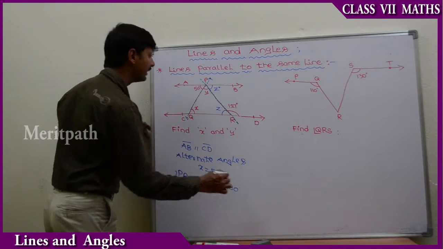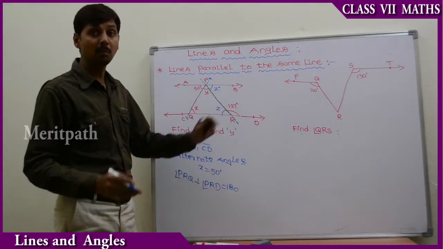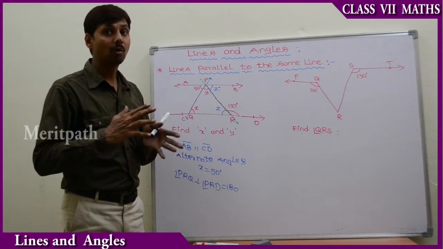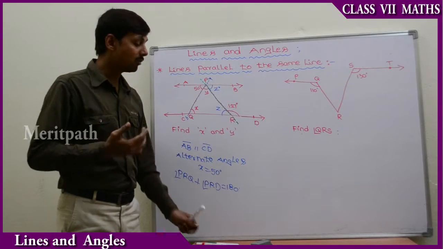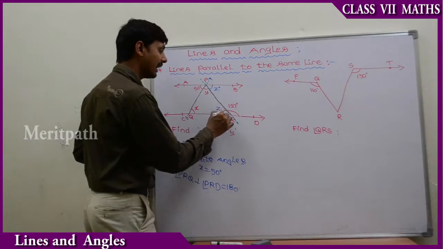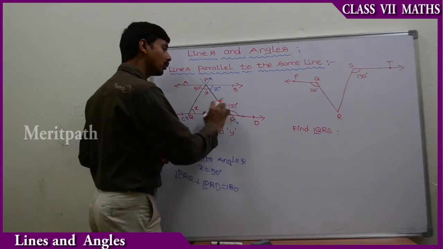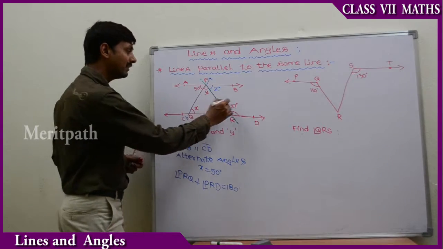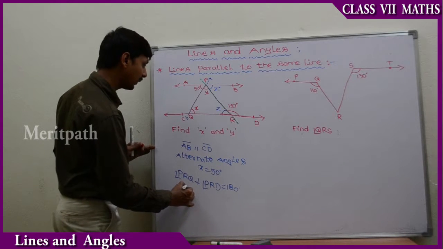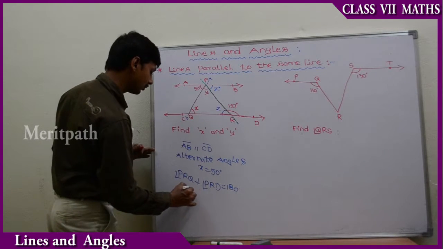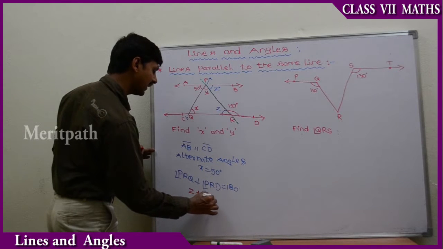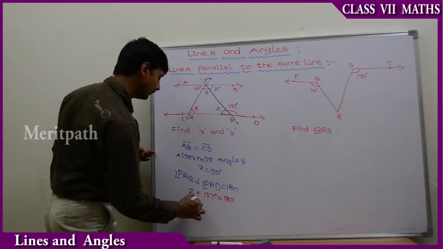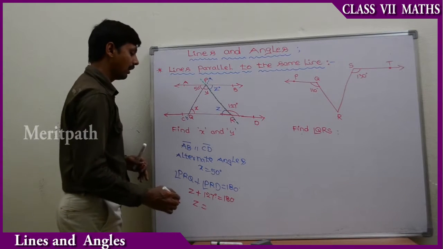The reason is linear pair: these two angles are formed on the same line, they form a straight angle, and we know the sum of these two angles is 180 degrees. So angle PRQ plus 127 is equal to 180 degrees.